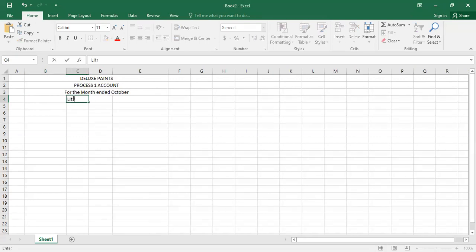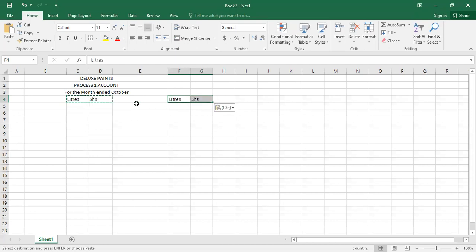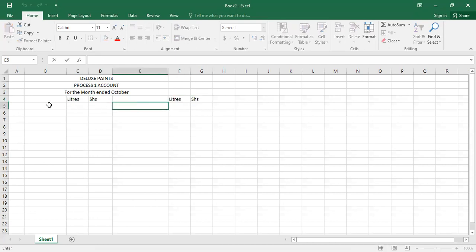We are talking of liters of paints. Then in shillings. So you'll feed in the information that we have for process one.